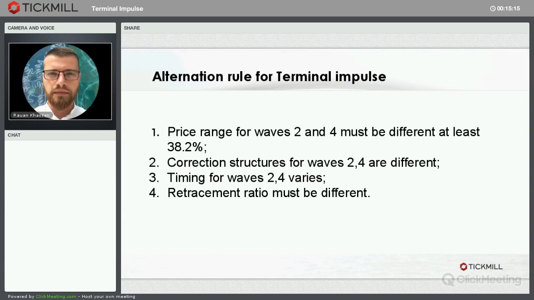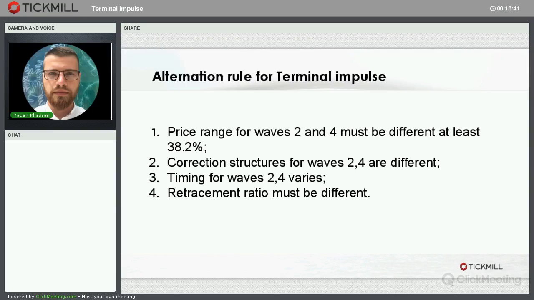Third, timing for waves 2 and 4 varies. And finally, the retracement ratio between waves 2 and 4 must be different. As a rule, wave 2 is deeper by correction ratio in comparison to wave 4.